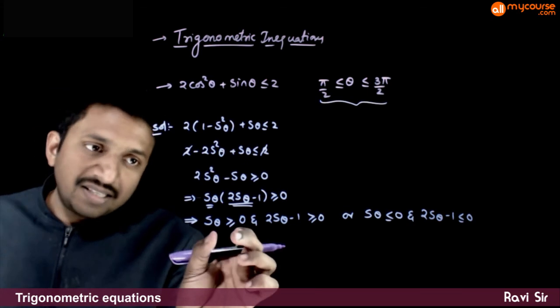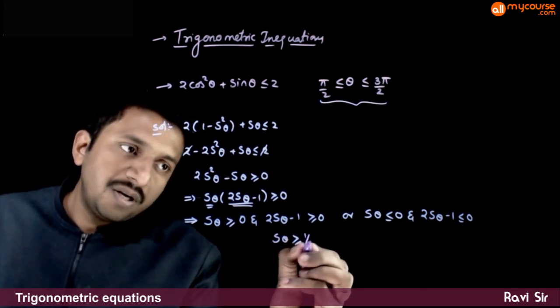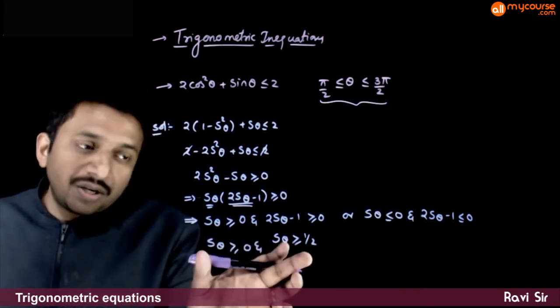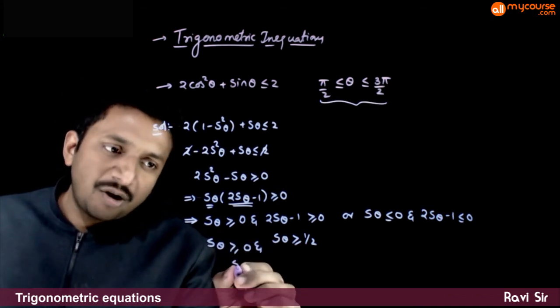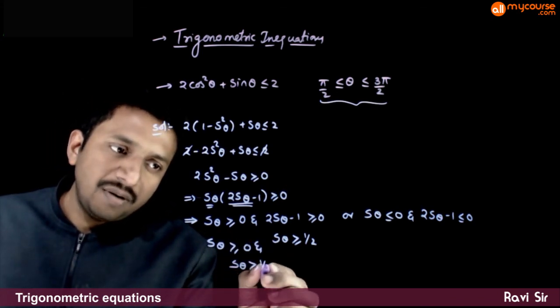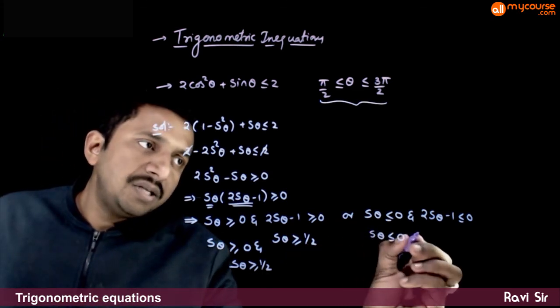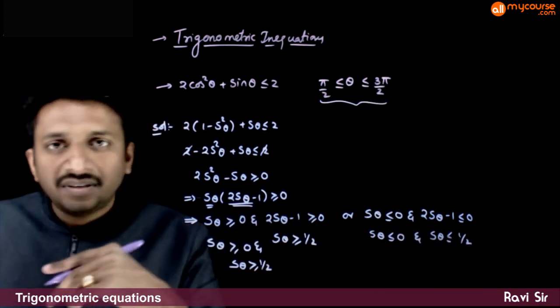If you take the first case, sin theta has to be positive and sin theta has to be greater than or equal to half. So what is the common solution to this? It has to be positive and greater than half. That means the common solution is sin theta greater than or equal to half. In the second case, sin theta is less than or equal to 0 and sin theta has to be less than or equal to half.